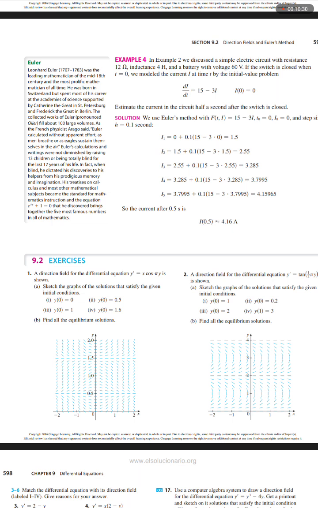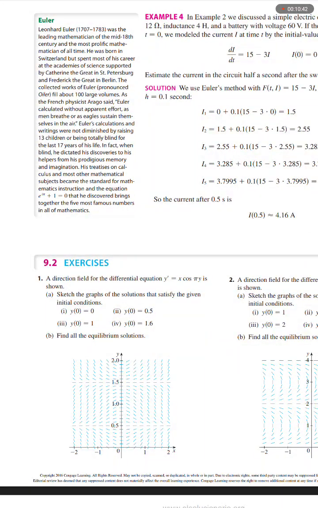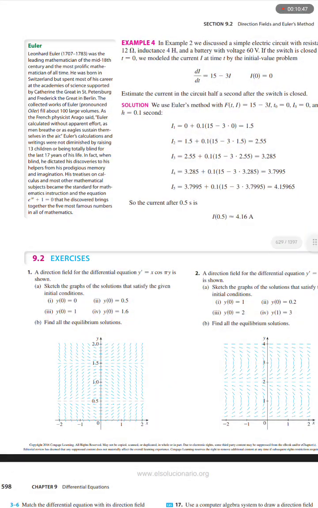His treatises on calculus and most other mathematical subjects became the standard for mathematics instruction, and the equation e to the power i pi plus 1 equals 0 that he discovered brings together the five most famous numbers in all of mathematics.